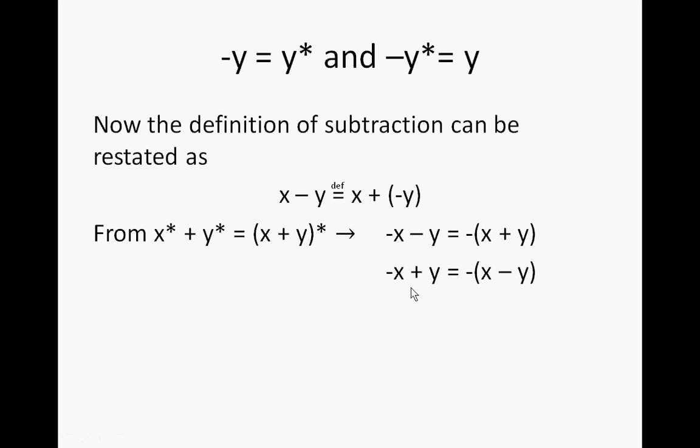Also, we can take out the minus part of it, or the reflective, or the mirror image, however you want to term that. So if we take the opposite of minus x, we pull that out, we're left with x. If we take the opposite of y, we pull out the minus, and we are left with a minus y.